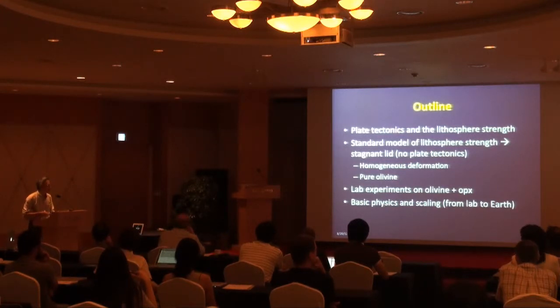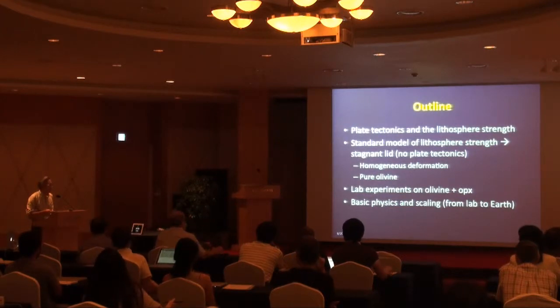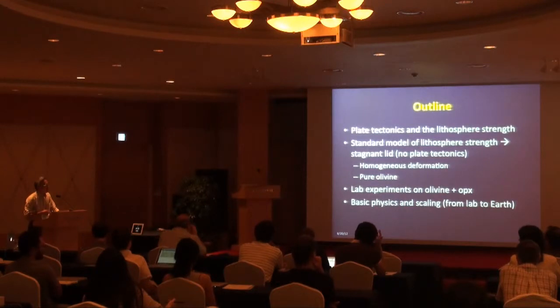So the standard model doesn't explain major features of the Earth, like plate tectonics and the long-time survival of continents. But in this talk, I'm going to focus on the oceanic part, and then I'm going to discuss which aspects of the model might be incorrect.